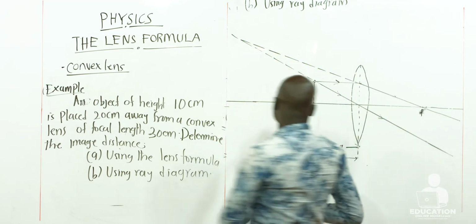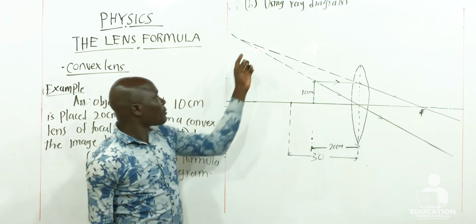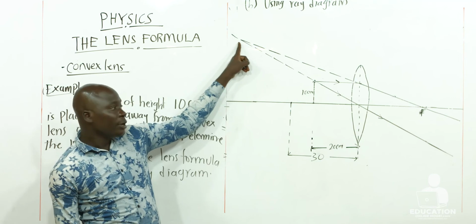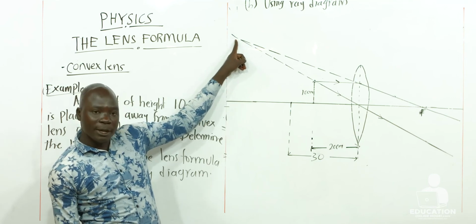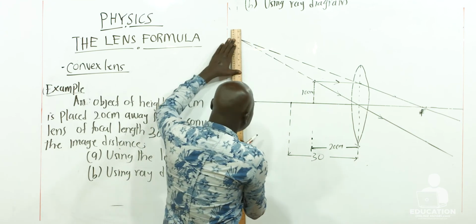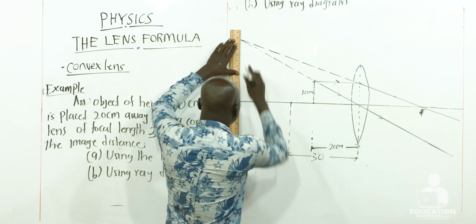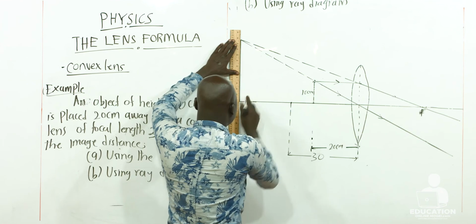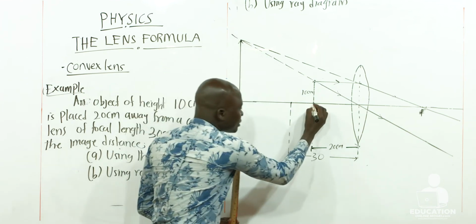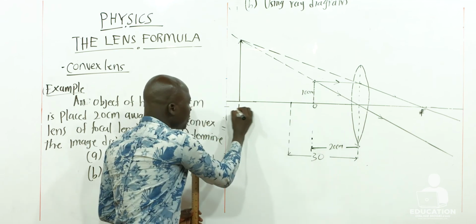So when we look at this ray diagram, we shall find that there's an apparent intersection of rays at this point. So this is a point where the image of the object is formed. This is object O, then this is image I.